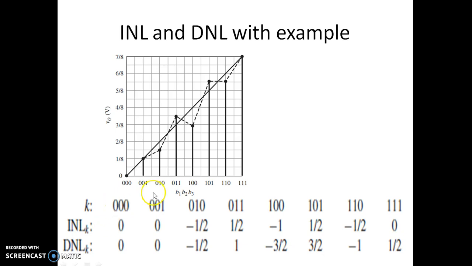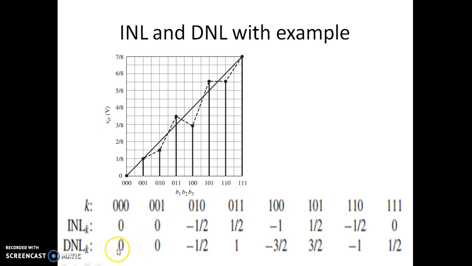So likewise, while finding the DNL, we look at the previous value, and the next value should be 1 LSB up. We are looking at whether it is above or below that 1 LSB. If it is equal to 1 LSB up, we write the DNL as 0, because it was supposed to be 1 LSB up, and it is there. If it is more or less than that 1 LSB, then we write the DNL.